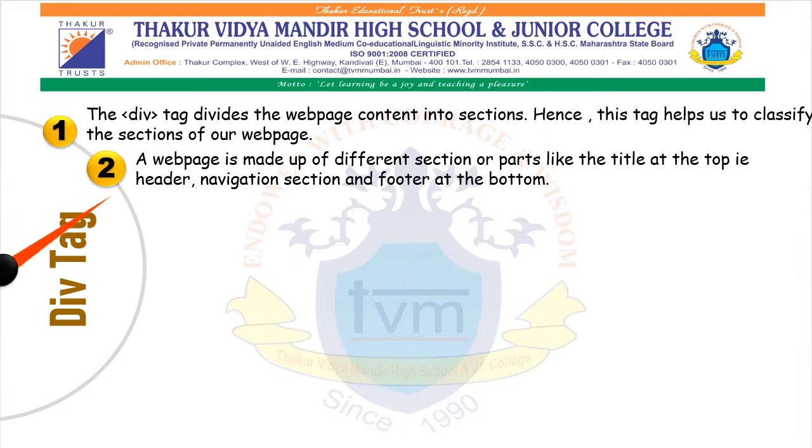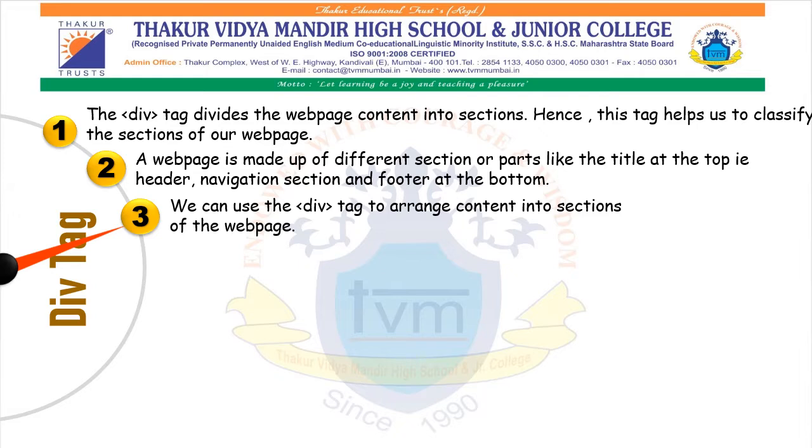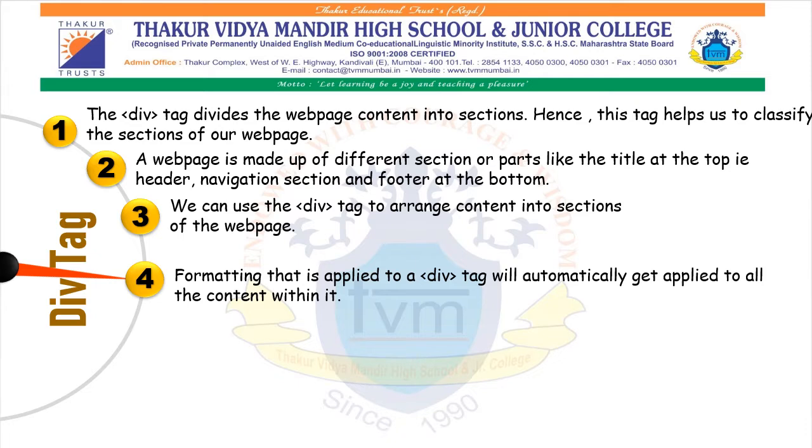We can use the div tag to arrange the content into sections of the web page. Formatting that is applied to a div tag will automatically get applied to all the content within it.